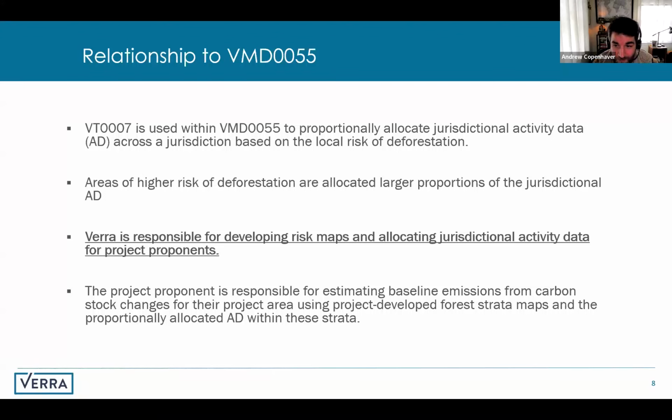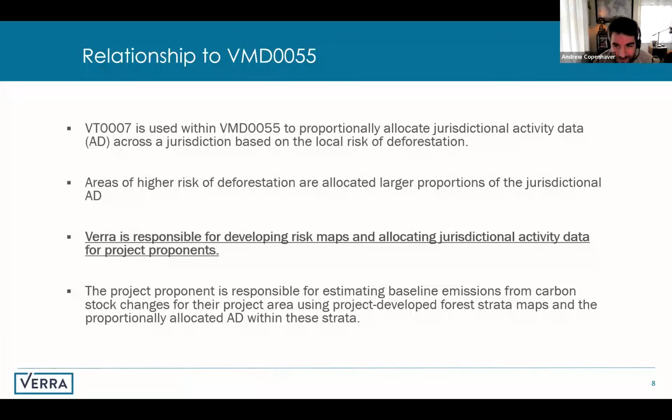VT7 is used to localize or to allocate those jurisdictional deforestation figures across the jurisdiction, proportionally allocating the amount of jurisdictional deforestation based on the local deforestation risk. This is to say that areas at higher risk of deforestation will be allocated larger proportions of the jurisdictional activity data.